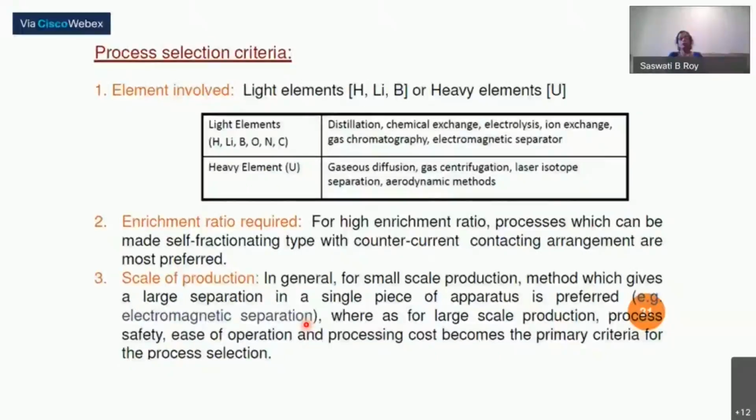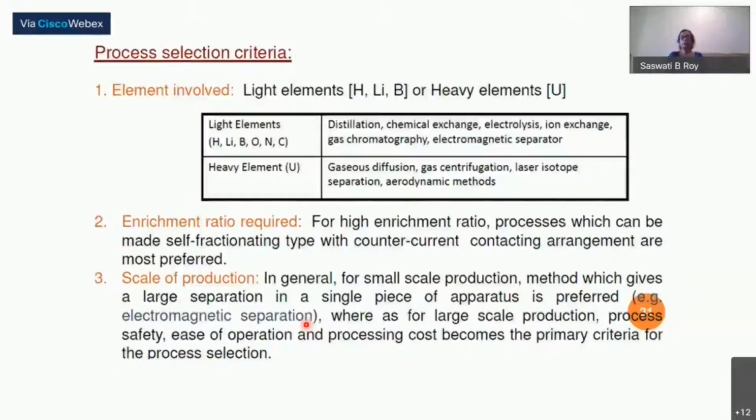If the enrichment ratio is very high, like heavy water, where we have to go for very high enrichment ratios, beyond 7,000 or more separation factors, in these cases we have to go for chemical processes, either chemical exchange or distillation, because they are self-fractionating, equilibrium-based processes.